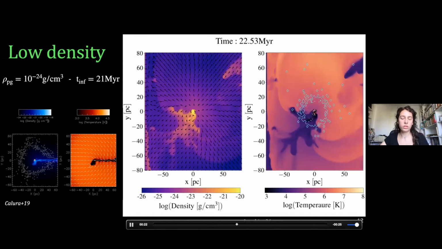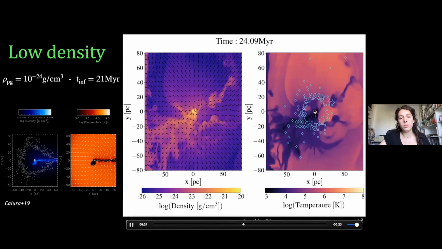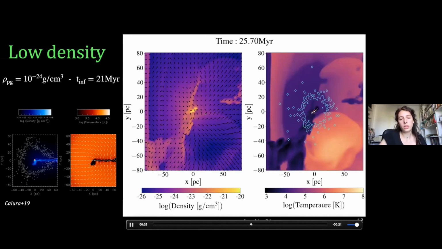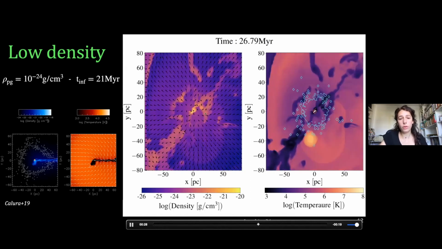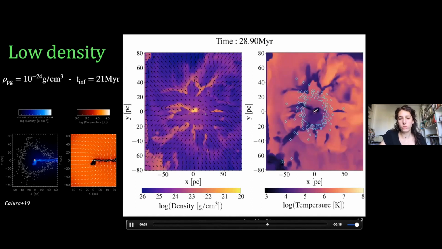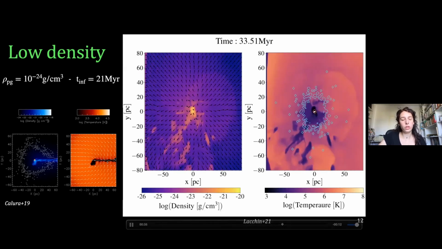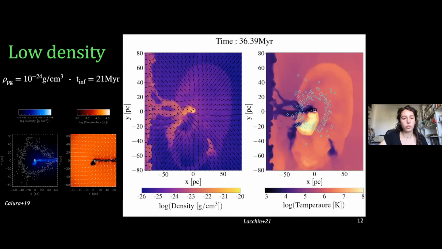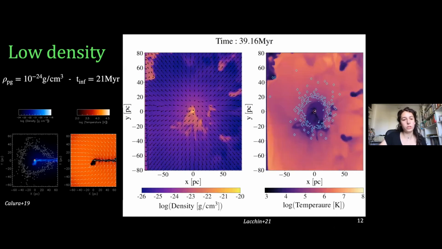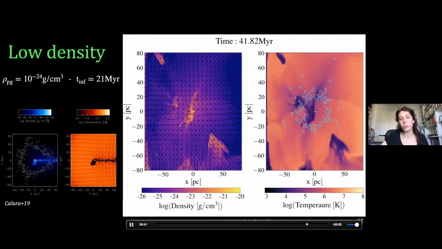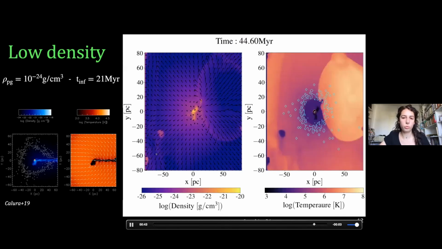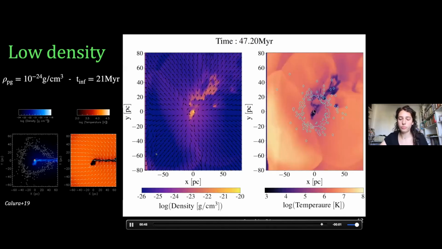Here you can see it, because the type 1a supernovae are halting it and confining it far from the center of the system. Even if you compare with the simulations without type 1a supernovae, where there is an accretion column, we don't have it here, because type 1a supernovae are halting its formation.